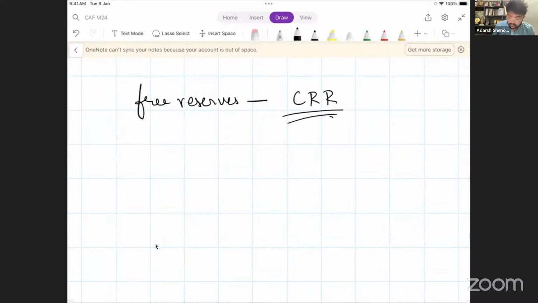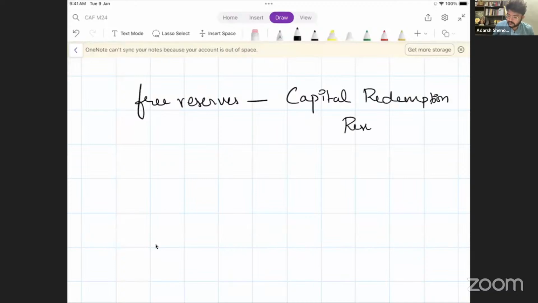We have discussed this in the bonus session. CRR is nothing but capital redemption reserve. This is our second option.